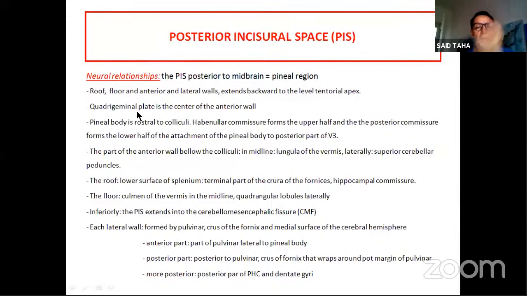The quadrigeminal plate is the center of the anterior wall, and the pineal body is rostral to the colliculi. The habenular commissure forms the upper half, and the posterior commissure forms the lower half of the attachment of the pineal body to the posterior parts of the third ventricle.